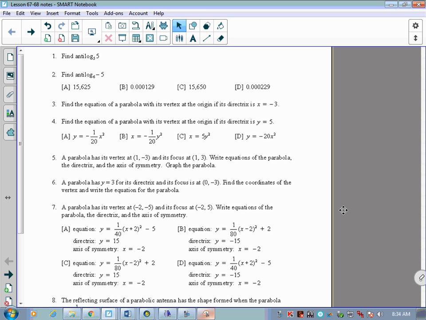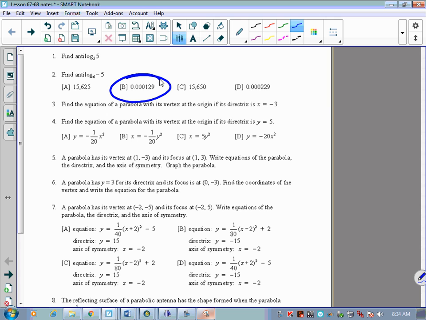6, caret symbol, negative 5. What did you get, Haley? B. B is correct. 0.000129. 6 to the negative 5th. I think I got the same thing Dylan got. I got 1.2.